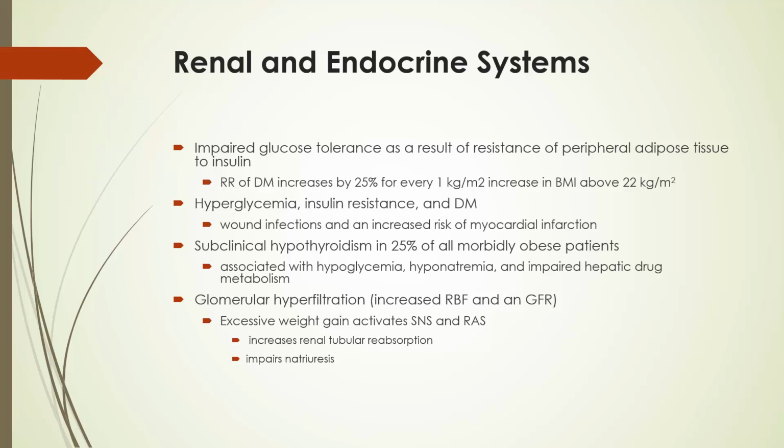Obesity is associated with glomerular hyperfiltration, which is evidenced by an increase in renal blood flow and an increase in glomerular filtration rate. Excessive weight gain increases renal tubular reabsorption and impairs natriuresis through activation of the sympathetic and renin-angiotensin systems, as well as physical compression of the kidneys themselves.